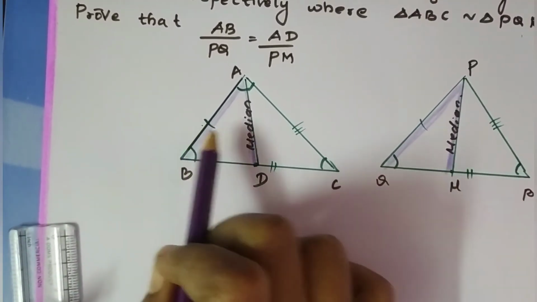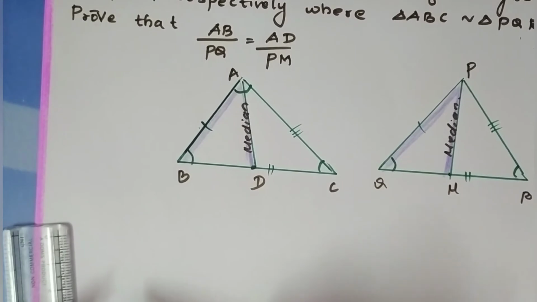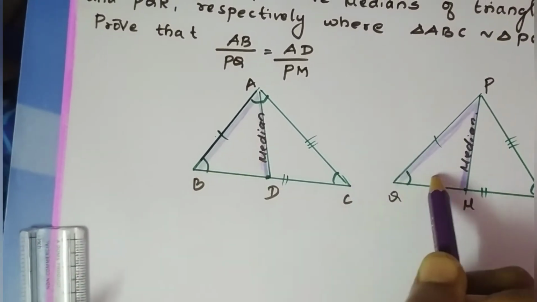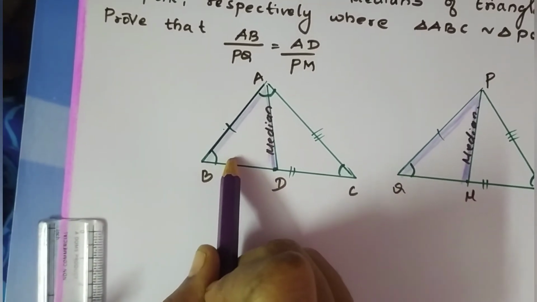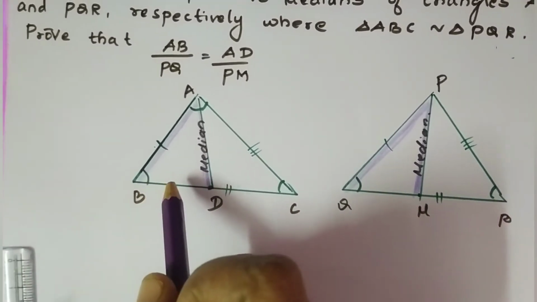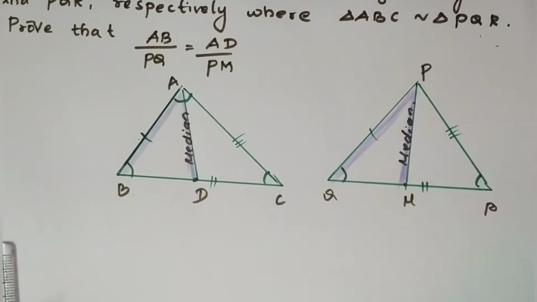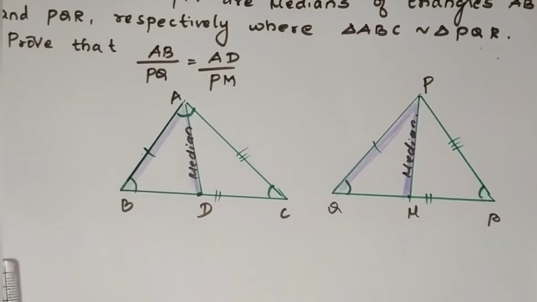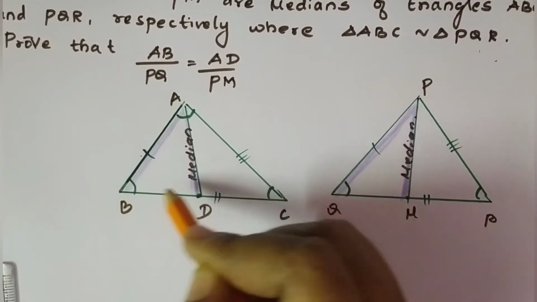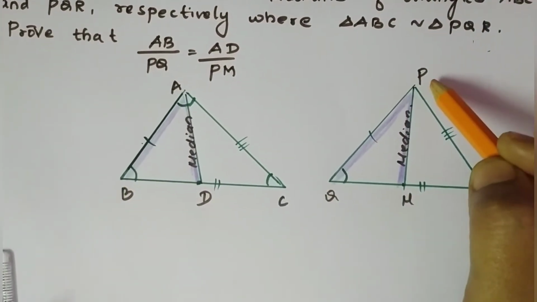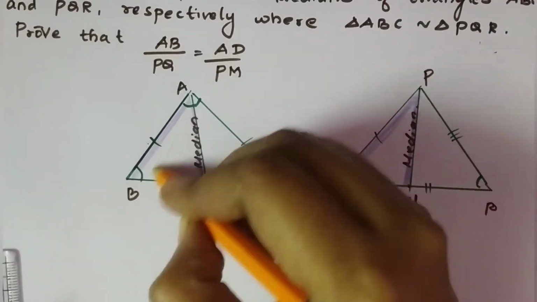We have to tell that the corresponding sides are in proportion. To tell that, which two triangles do we have to take to show that they are similar? Triangle ABD and triangle PQM.